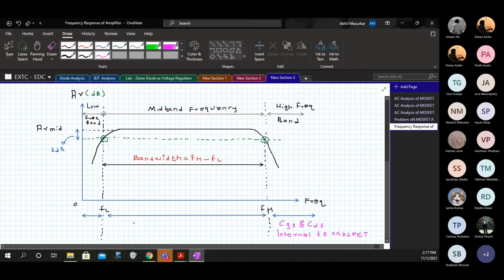Now here in the mid frequency range, all the capacitances can be neglected.